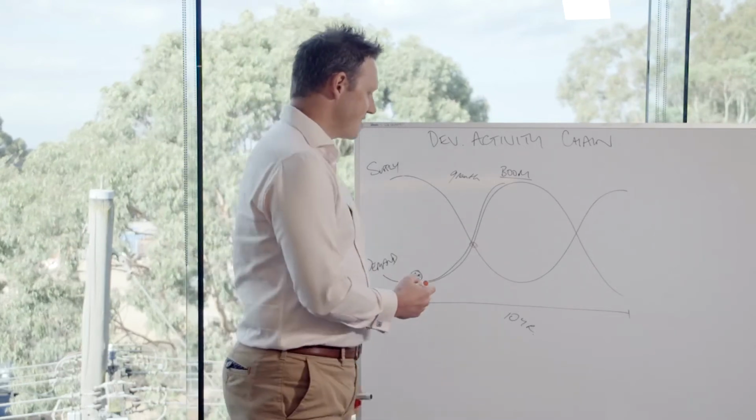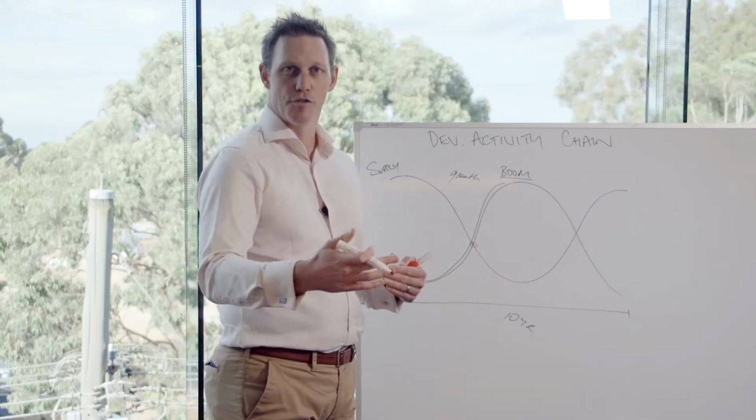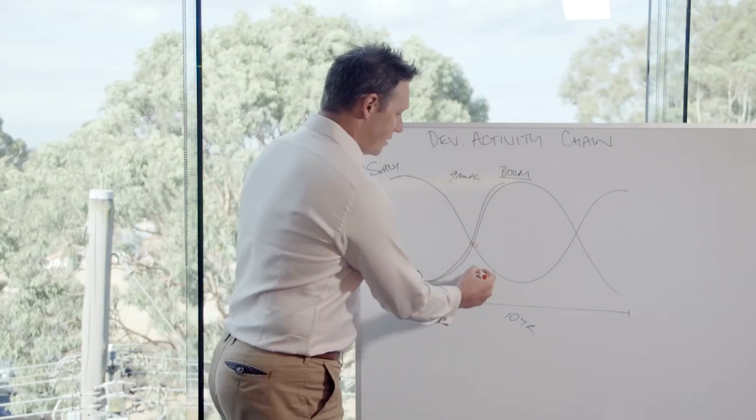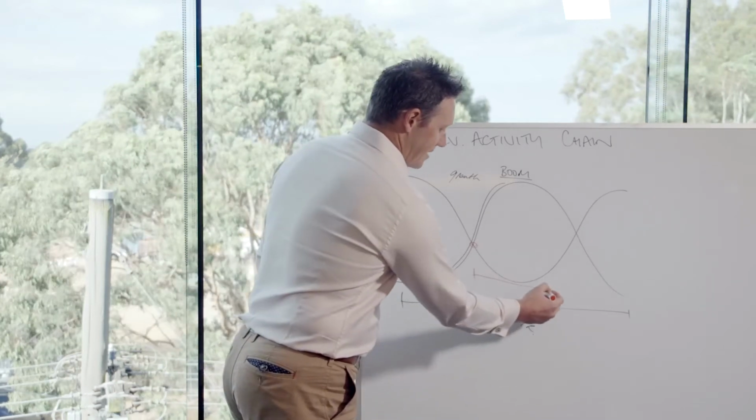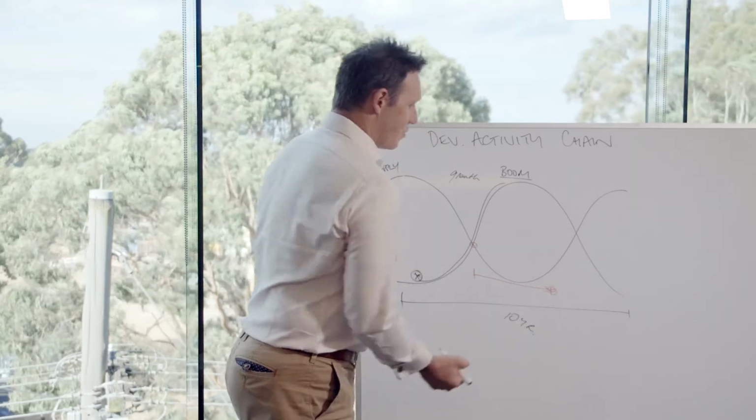That process takes about 2 to 3 years depending on the project. So if we look at 2 to 3 years from now, we're really at this point in the cycle.